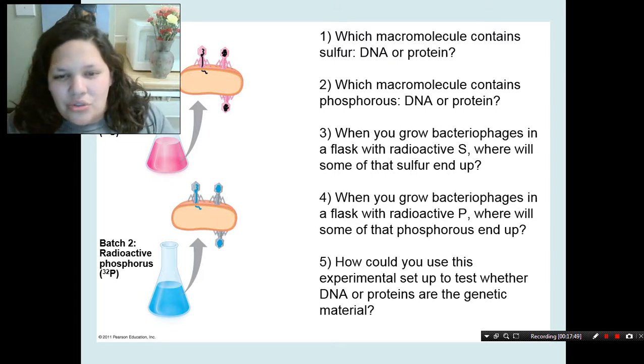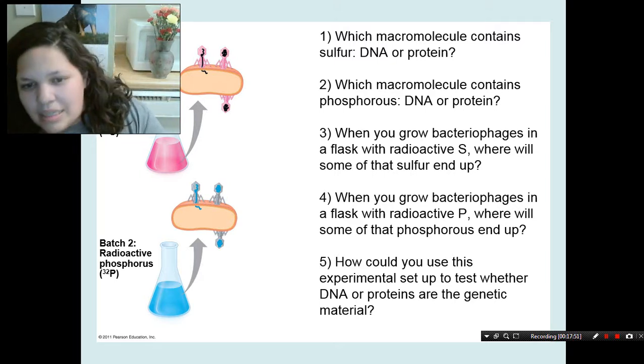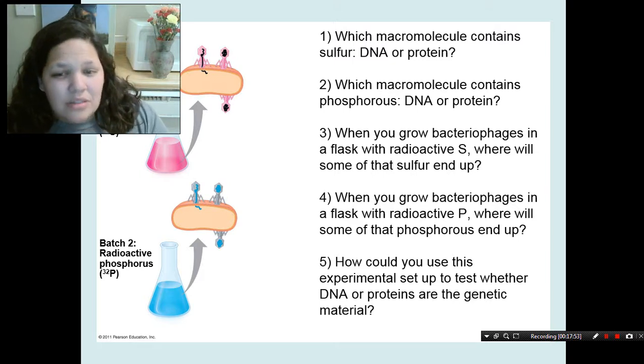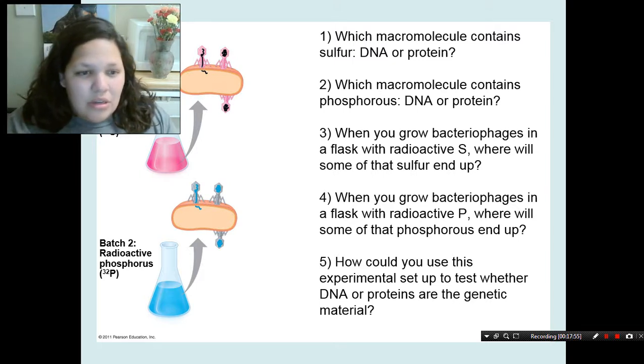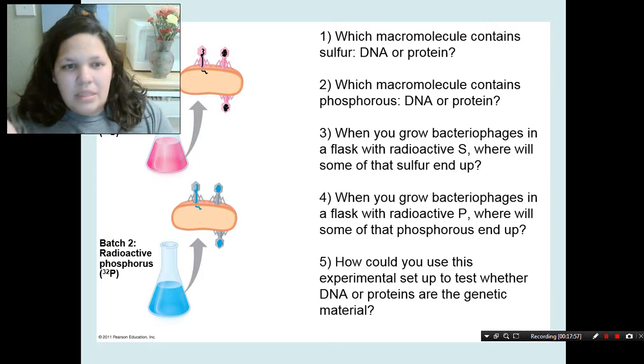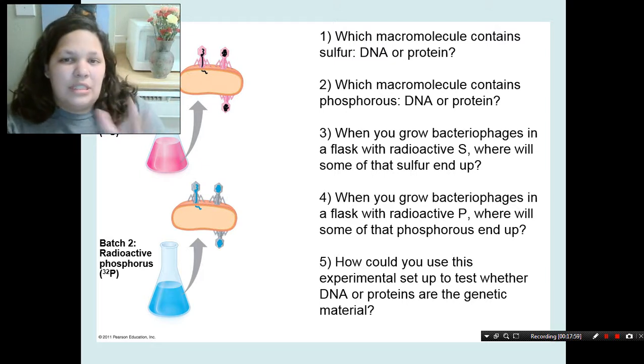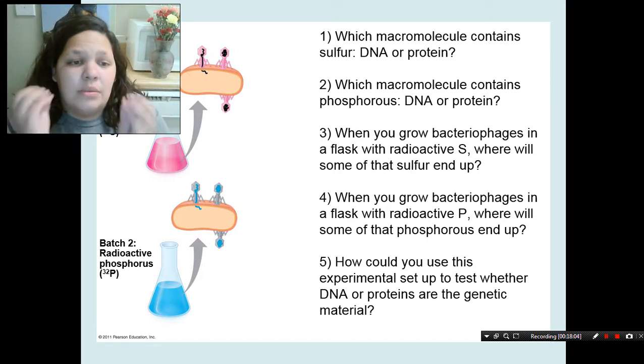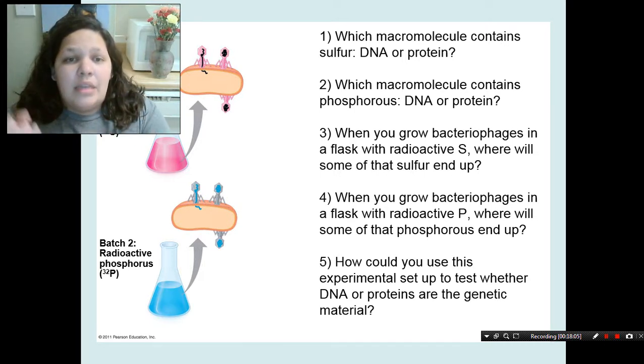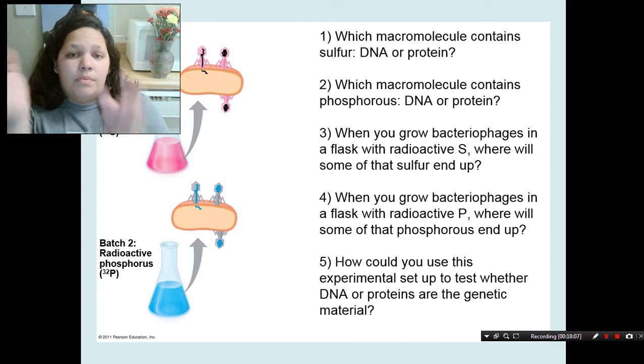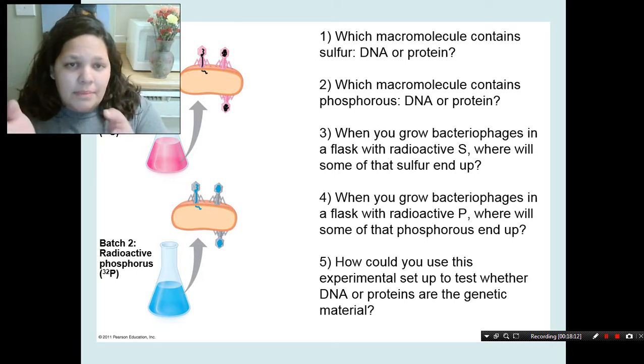And how could you use this experiment to set up and test whether DNA or proteins are the genetic material? Well, if we know that phosphorus is in DNA, then we would expect only phosphorus to be the one that will show up. But if it's sulfur that ends up showing up, then that means that it's protein.